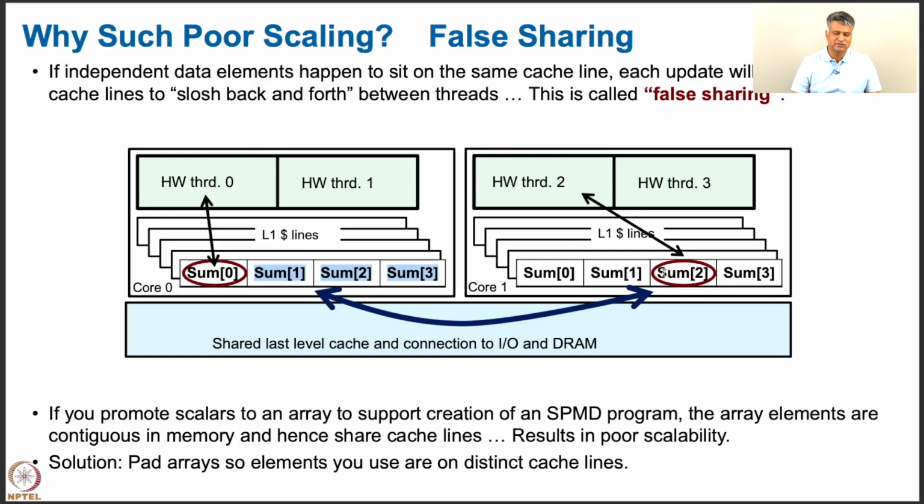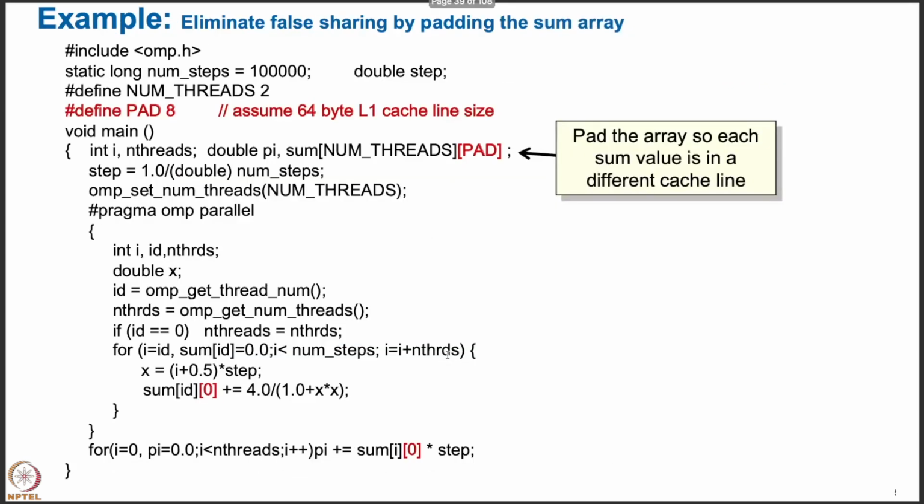If we know the size of the L1 caches, the lowest level caches, we can pad it with some extra elements so that we have distinct copies of the memory locations going to different places rather than having the whole thing going back and forth. So if you assume that the L1 cache line is 64 bytes, which you can look up in the processor specifications, you then pad it with extra elements.